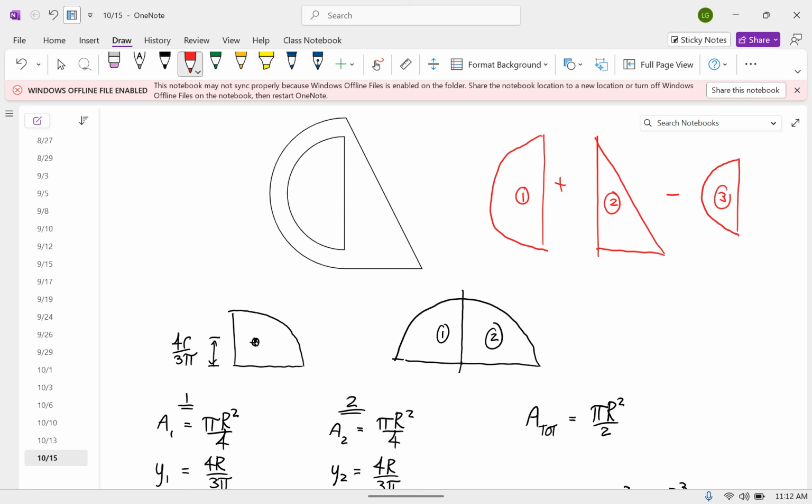So that's going to be my 3. And I'm going to use a coordinate system here.